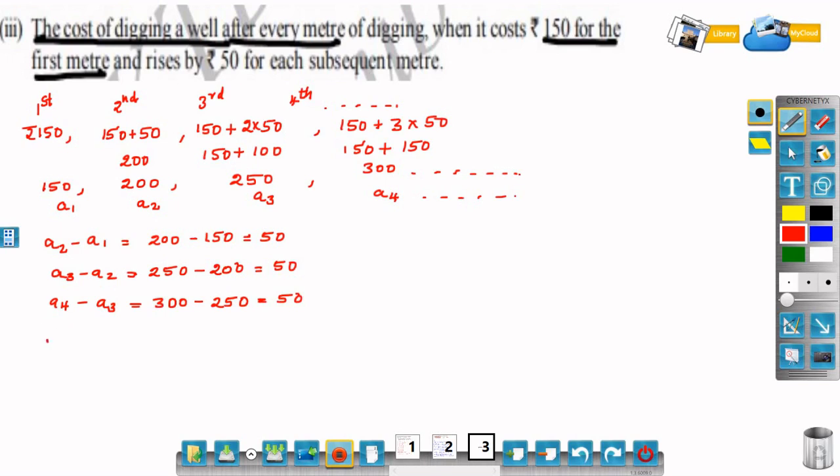So common differences are equal, therefore it is an AP.